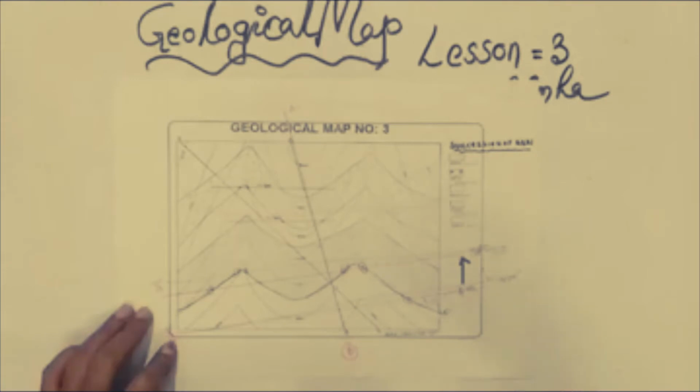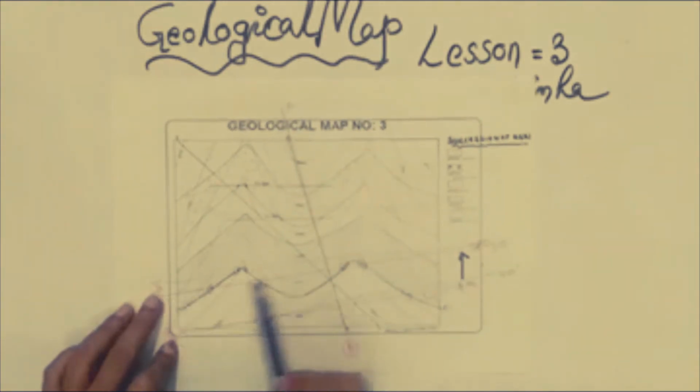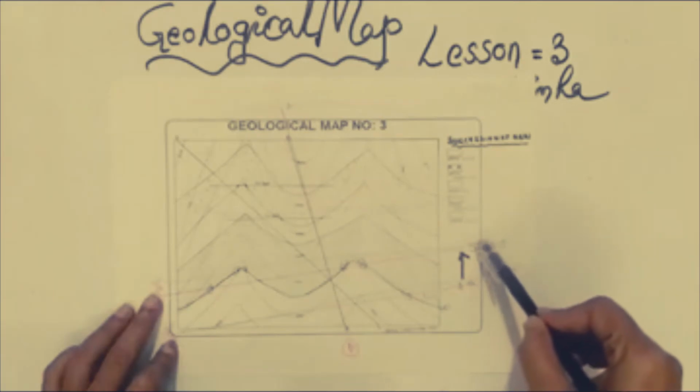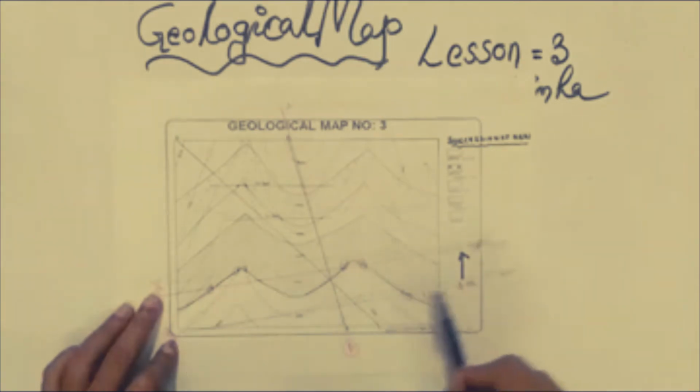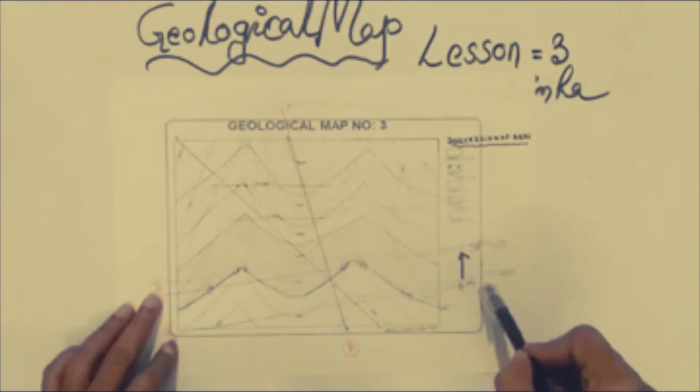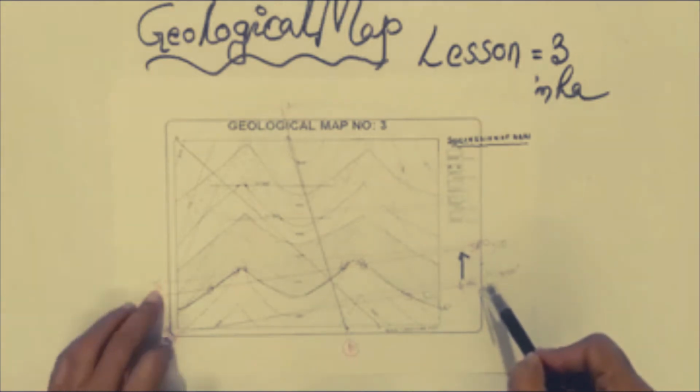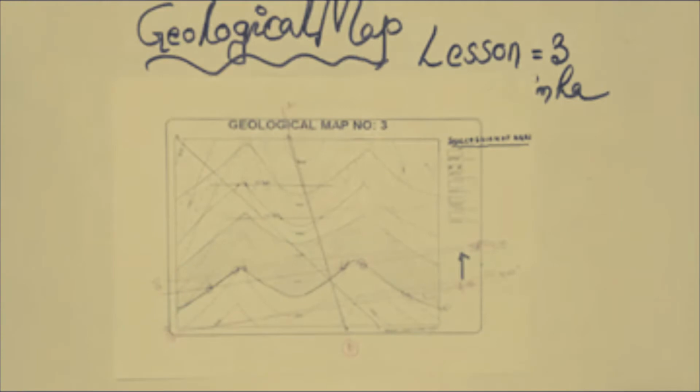We can draw the section line according to our own needs and purposes. Here AB is a section line, and this is the strike line for the 300 feet value, and this is the strike line for the 400 value. So how will we identify the true dip, and how will we identify the apparent dip?